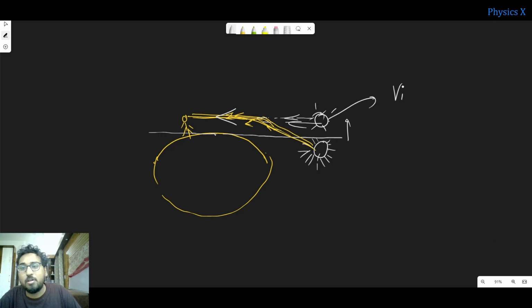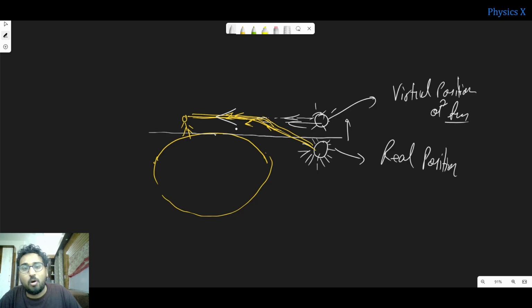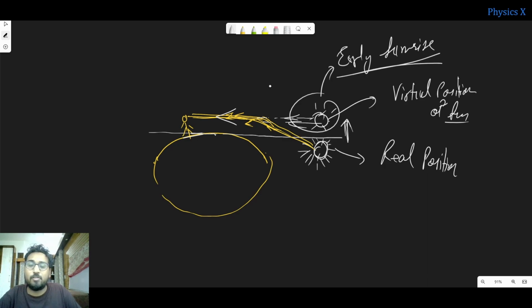This is the virtual position of the sun, and this was the real position of the sun. But to the observer, it appears that the sun has already crossed this surface or has already passed the horizon. It is above the horizon, and you will see an early sunrise, which is around 2 minutes early. Why? Due to atmospheric refraction, it is happening.